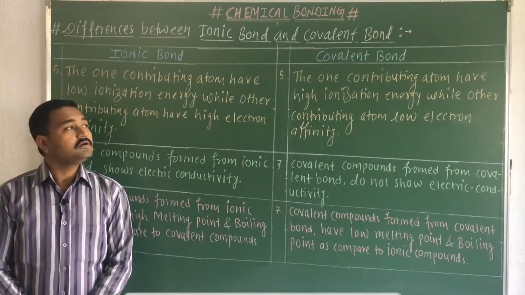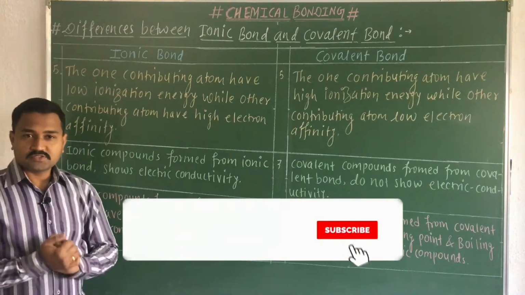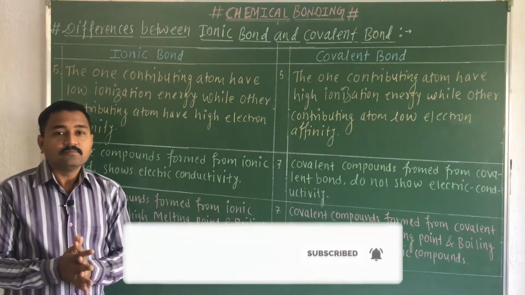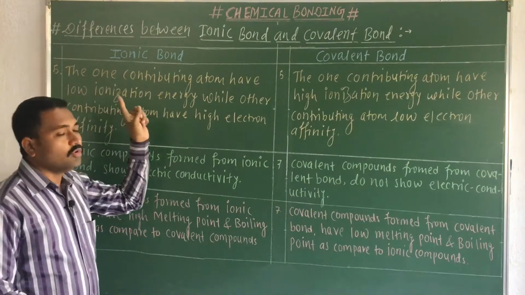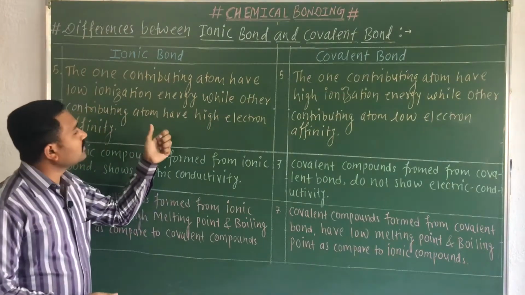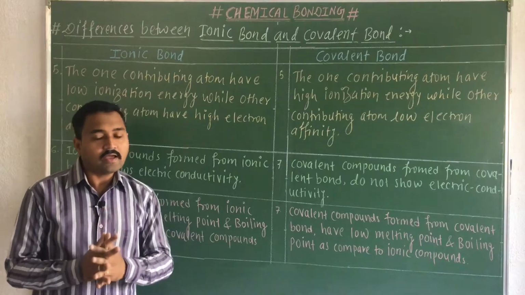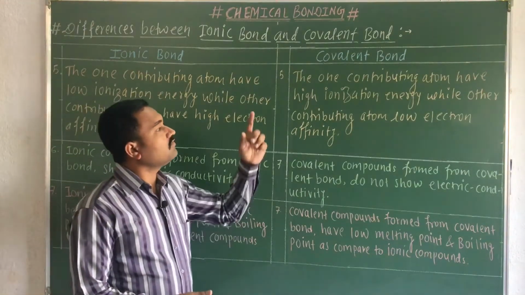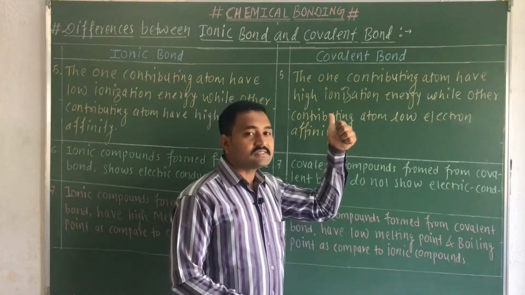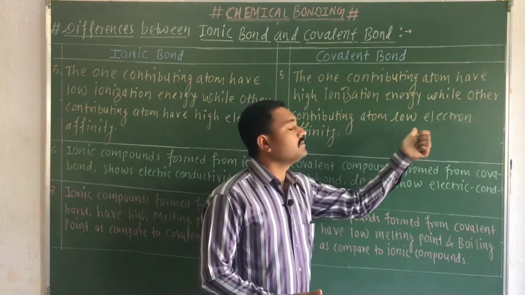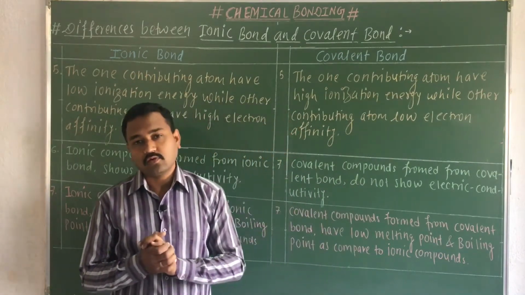So now next, during the formation of an ionic bond, one contributing atom must have low ionization energy while the other contributing atom must have high electron affinity. Now what about the covalent bond? Here one contributing atom must have high ionization energy while the other contributing atom must have low electron affinity.